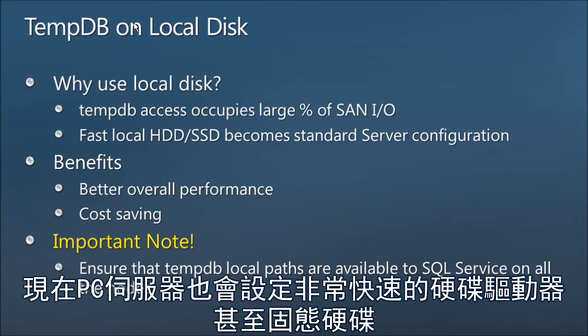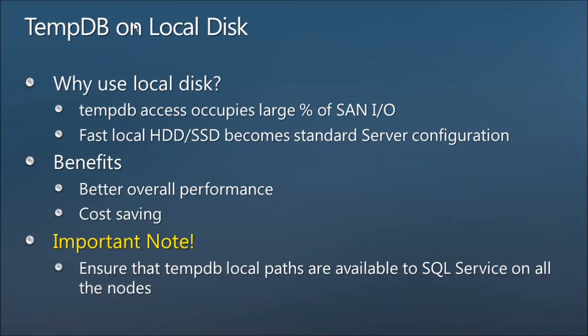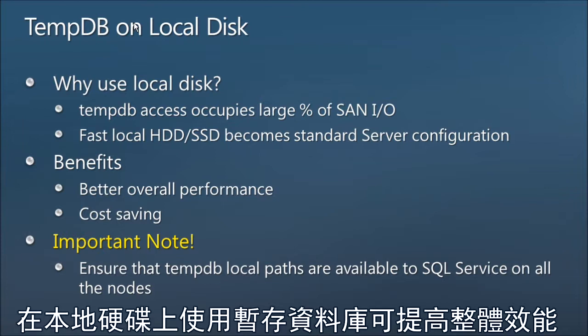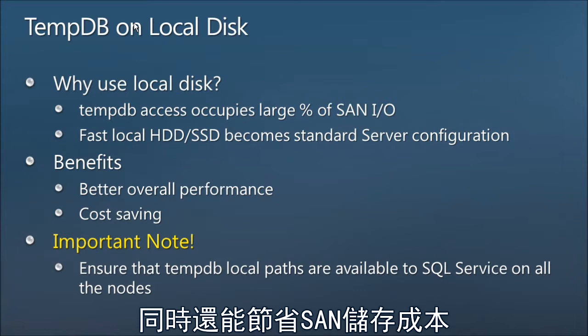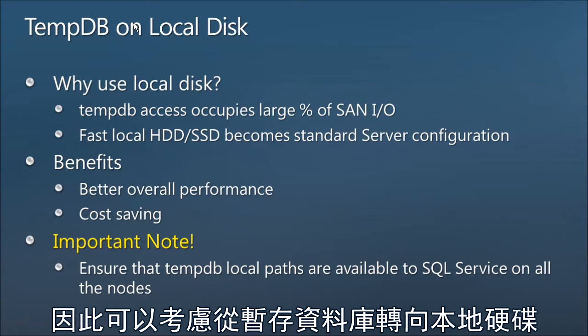And also, modern PC servers are configured with very fast hard drives or even solid state disks. Using tempdb on local disk can give you better overall performance. Also it can save you the cost on the SAN storage. So you might consider moving your tempdb to local disk.